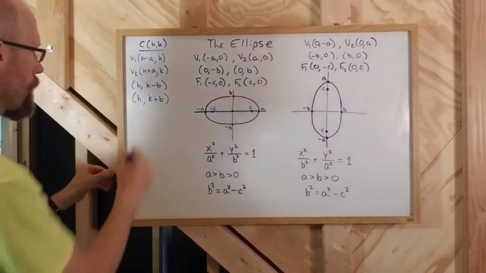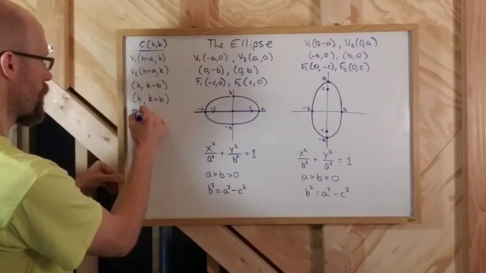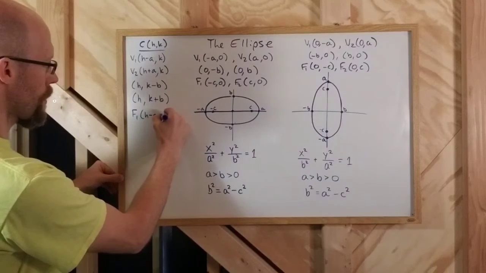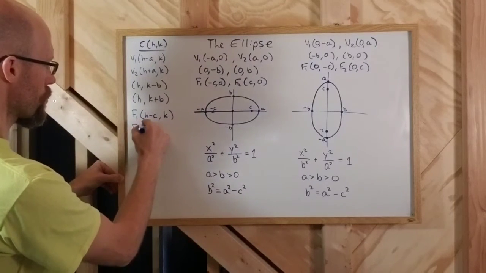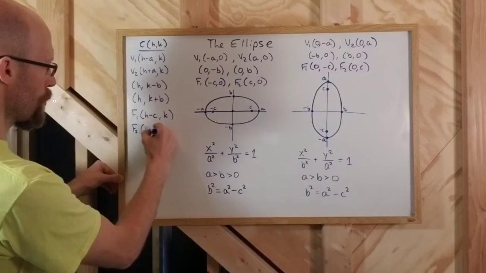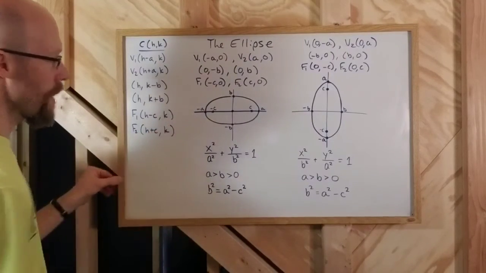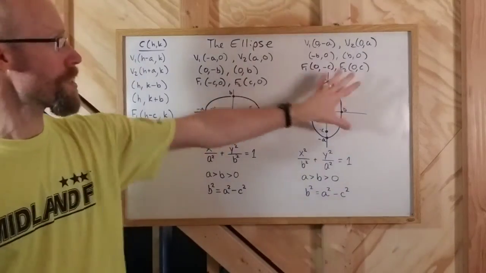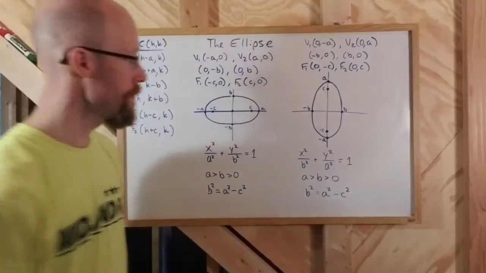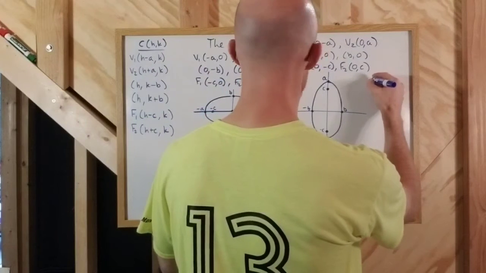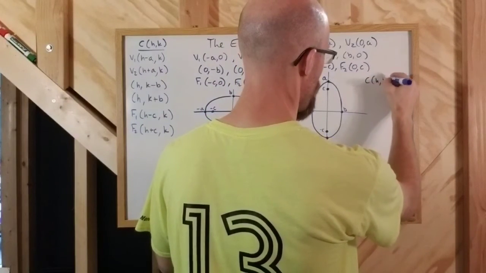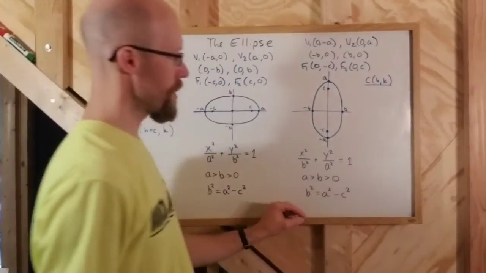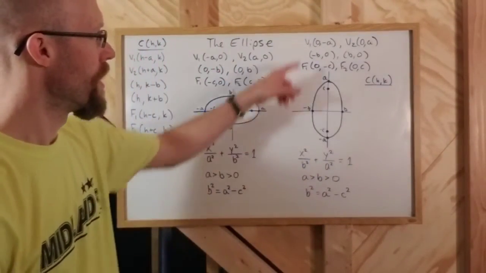And for the foci, you would get h minus c, k, and focus 2 is going to be h plus c, k. All right? And I could repeat the process for the other orientation. If I were to have a center at h, k, I didn't really plan the spacing out on this very well, but that's okay. We'll run it down the side here.